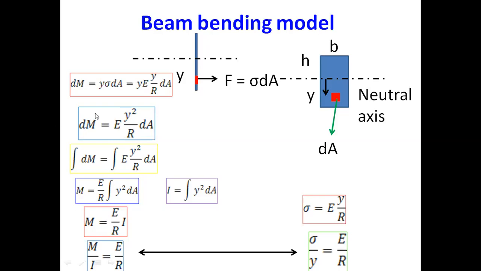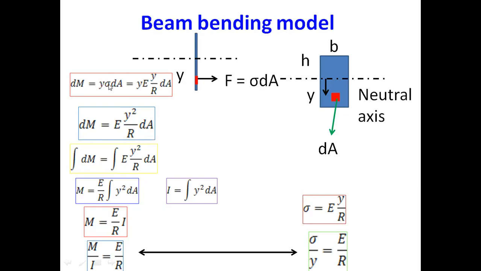Now at this neutral axis, we could take the moment of this force about the neutral axis, and that moment is what? dM, which is the bending moment, which is actually the bending resistance, the resistive moment which is produced because of this internal force. dM is equal to this force.